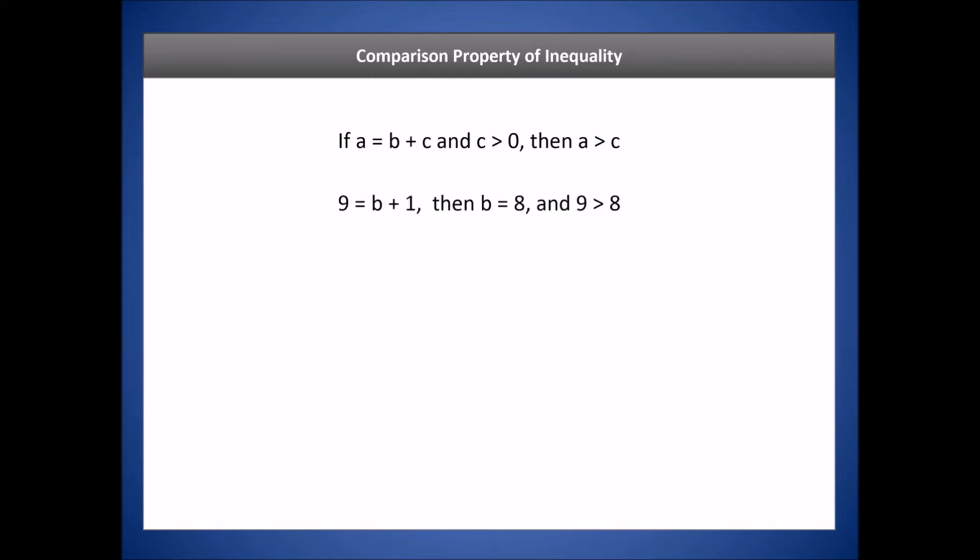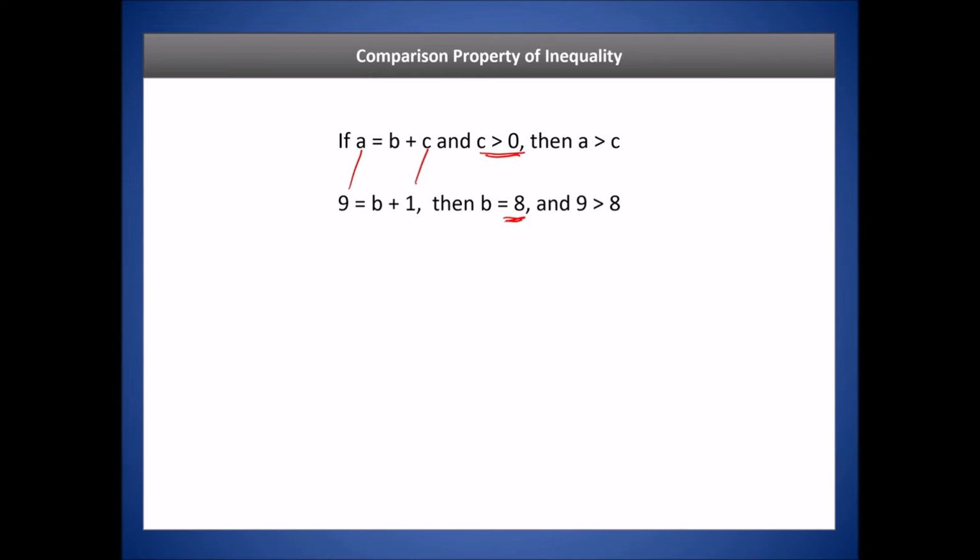All right, so let's look at a quick example. If A is 9, for example, and we have B plus C on the other side, and C is 1, meaning C is greater than 0, then B has to be smaller than 9 because 8 plus 1 is going to be 9. And if C were 2, then B would have to be 7 because 2 plus 7 is going to give us 9.